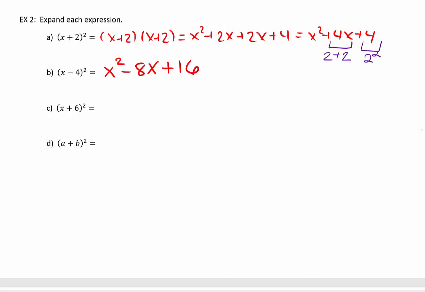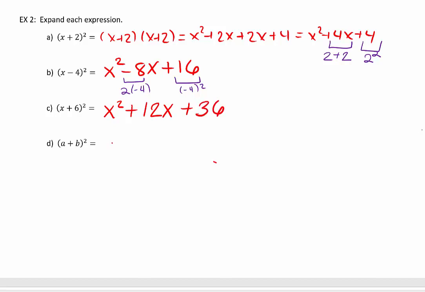So another way of thinking about this pattern is the negative 8 is actually 2 times negative 4, and the 16 is negative 4 squared. All right, what about (x plus 6) squared? Using the pattern, I would get x squared plus 2 times 6 is 12, so 12x, and 6 squared is 36.